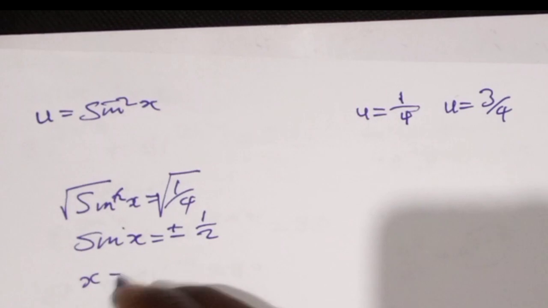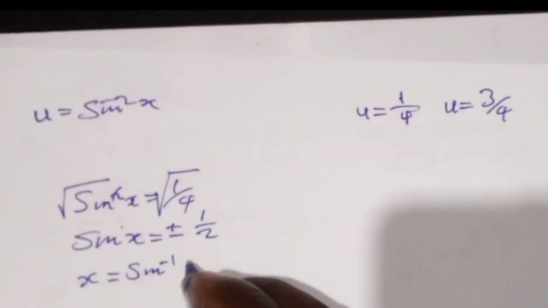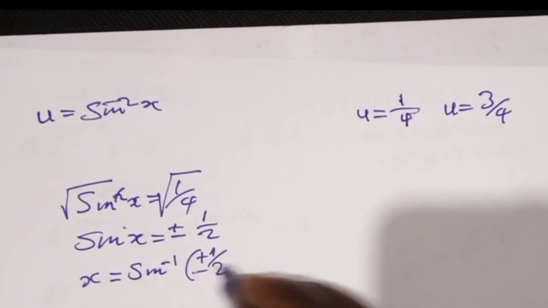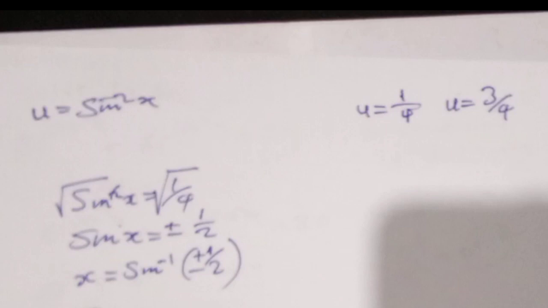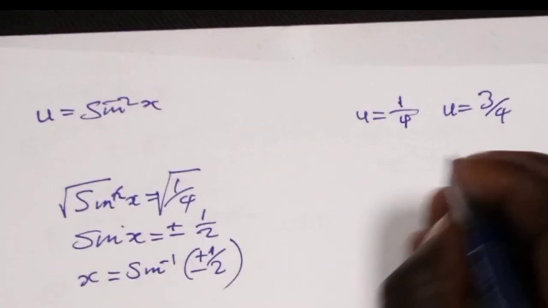Then x equals sine inverse of plus or minus half, and you find the angles. Then let's go to this one.